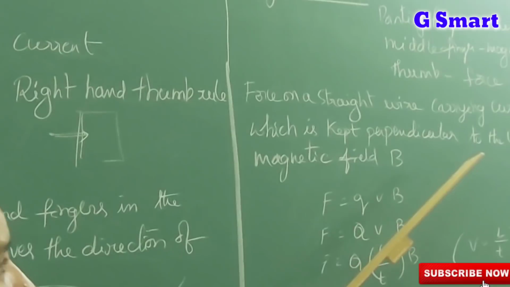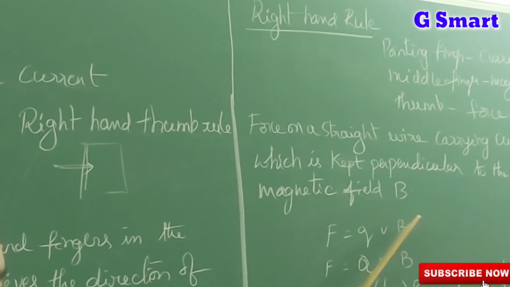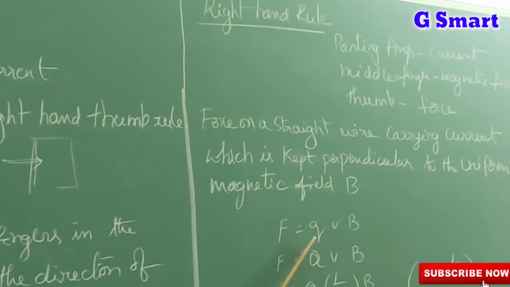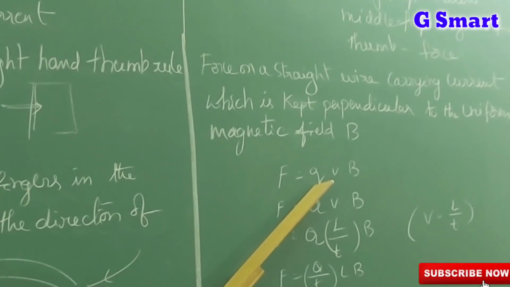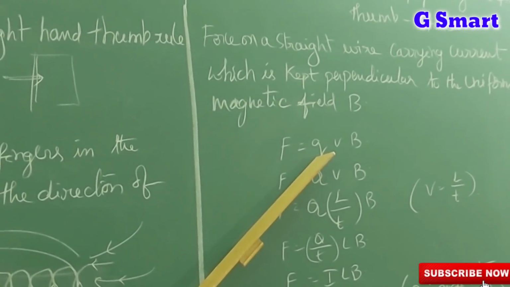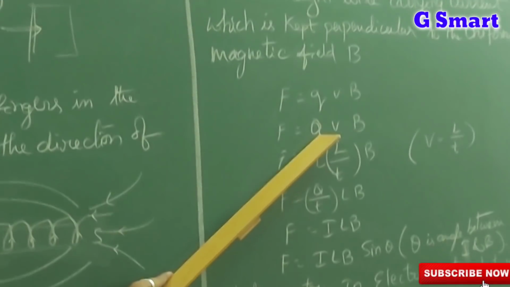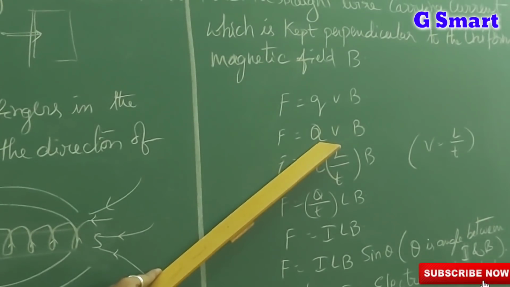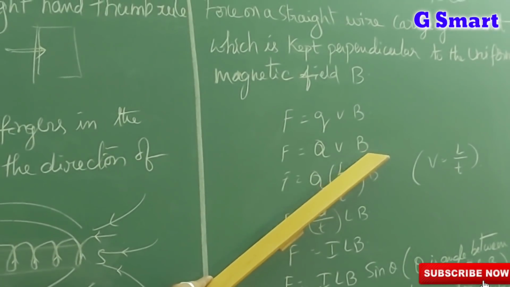Force on a straight wire carrying current, which is kept perpendicular to the uniform magnetic field B: we already know the formula F is equal to QVB. Q means the charge of one particle. But a current carrying wire has so many charged particles, so Q is the total charge, V is the velocity and B is the magnetic field.